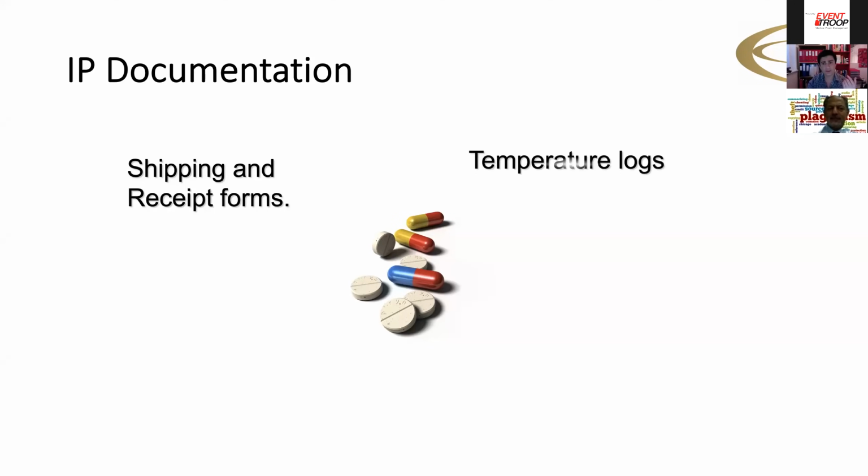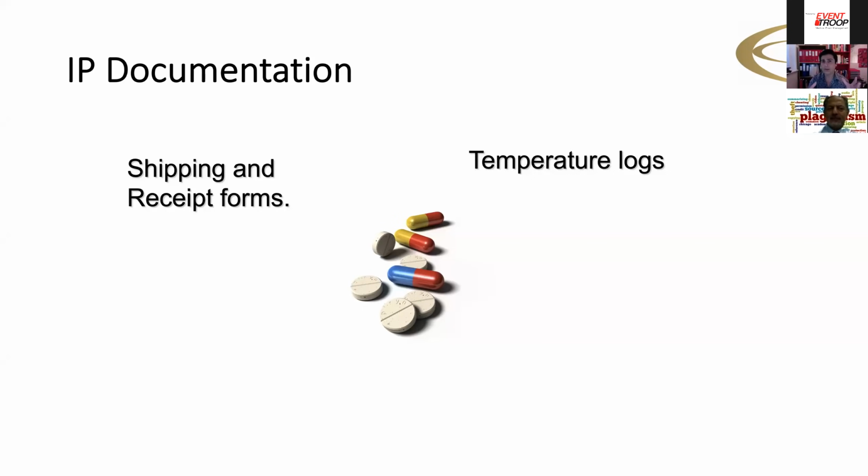Okay. Temperature logs, very, very important. You will keep temperature logs. You will have a thermometer in the freezer, in the room, wherever it's required, and you have to ensure that the temperature stays within the range of what the IP requirements are. For example, when we're doing vaccine trials or drugs that are very sensitive to temperature, which have to be frozen, the institutions have big freezers where they will keep them.